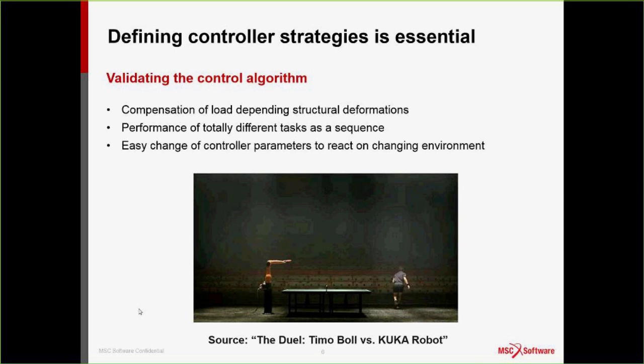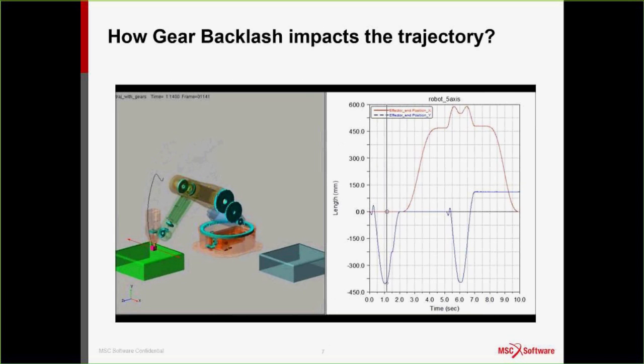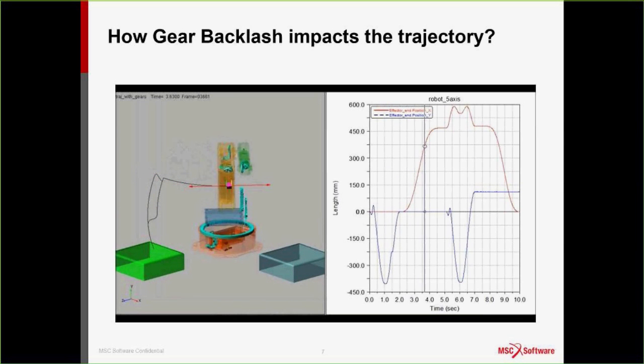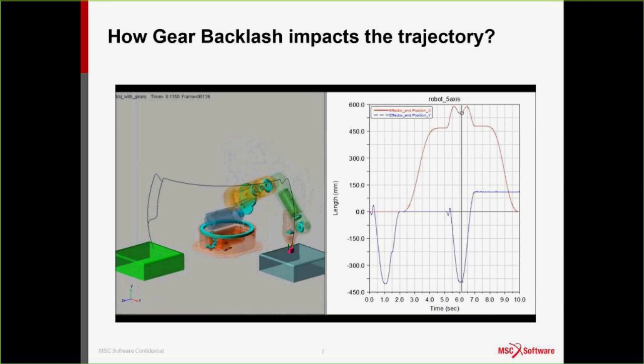Some of the reasons you need to validate the control algorithm are that first, you need to calculate the compensation of load depending on the structure deformation. You also need to verify that through various different tasks. You would need something representing the real physics as a platform for you to validate your control algorithm.